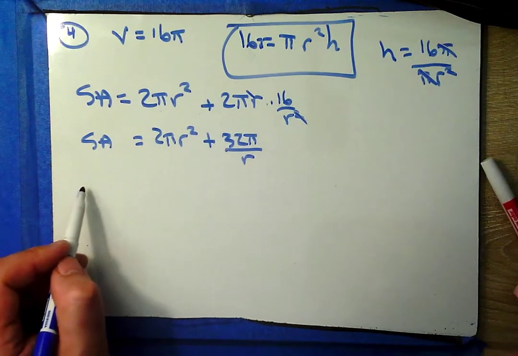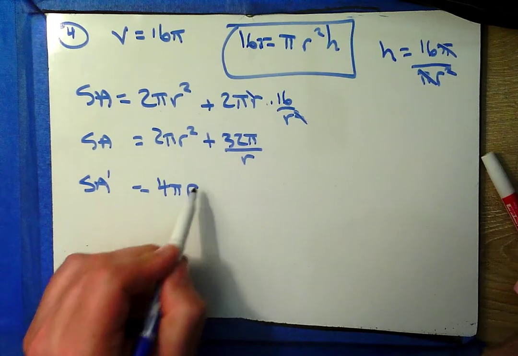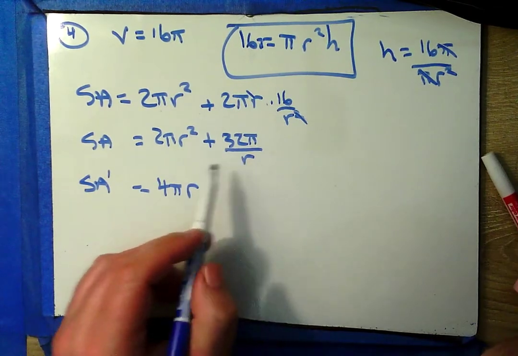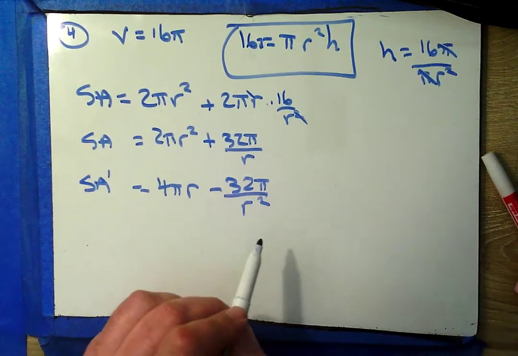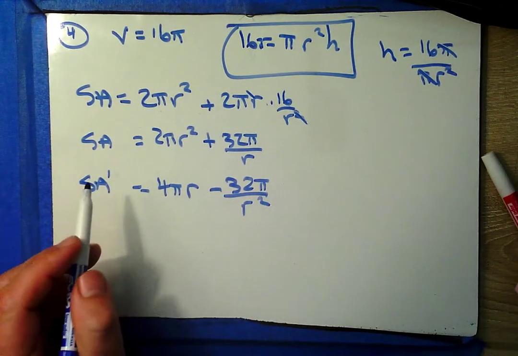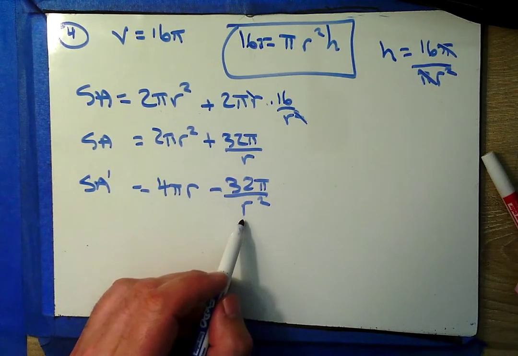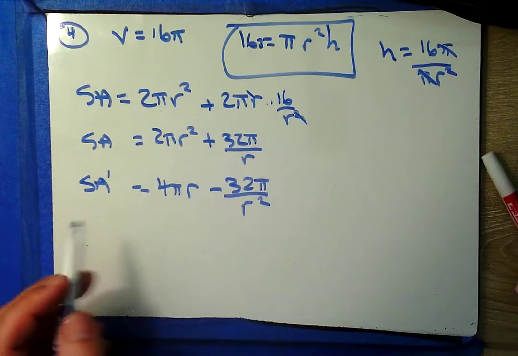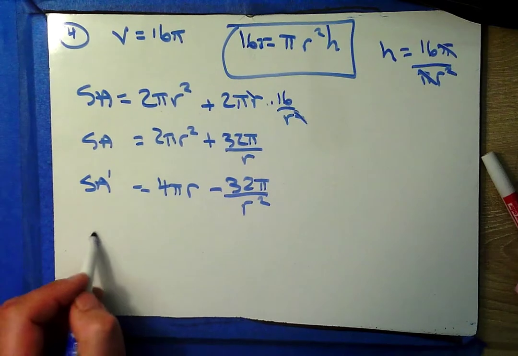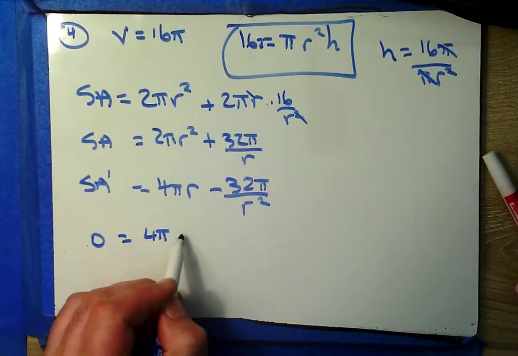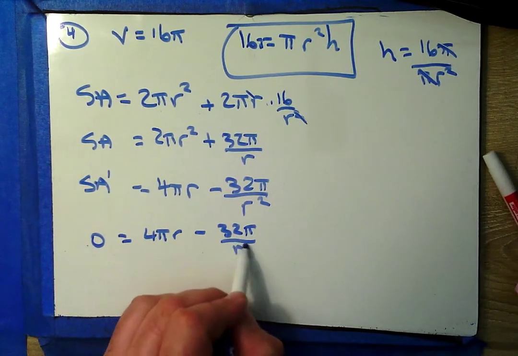So we need SA prime. So we'll take the derivative here and get 4 pi r. And then the derivative of this is going to be minus 32 pi over r squared. We're wondering about critical points, and clearly radius can't be 0 because that wouldn't be much of a can. So I want to set SA prime equal to 0. 4 pi r minus 32 pi over r squared.